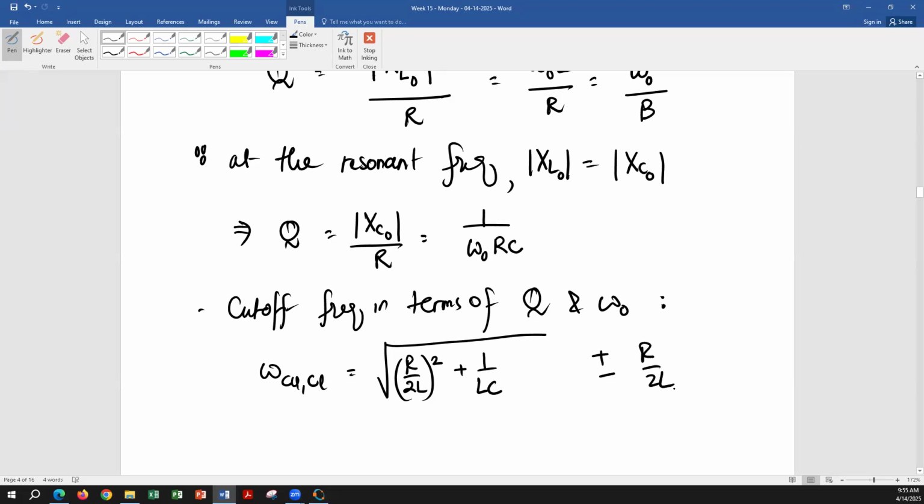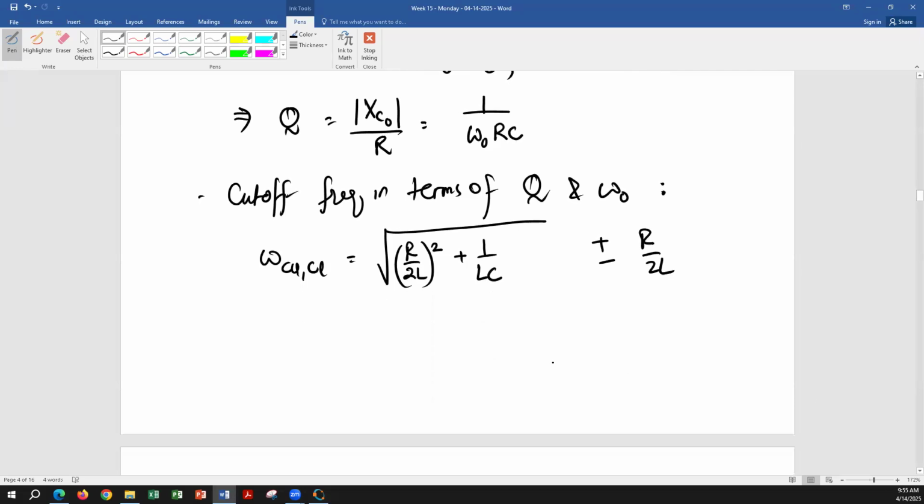This is what we derived earlier. We can give it in B and omega naught, or Q and omega naught.